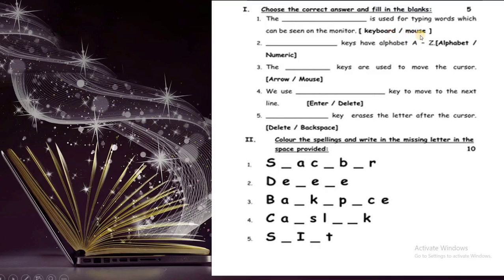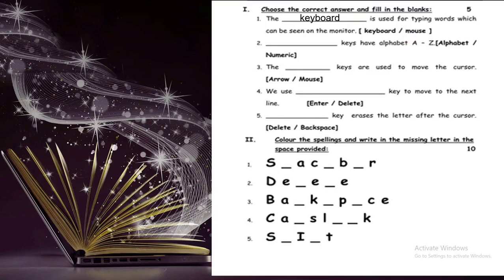So tell me which is the correct option. Keyboard. Right? Keyboard is for typing words, letters, numbers. Correct?